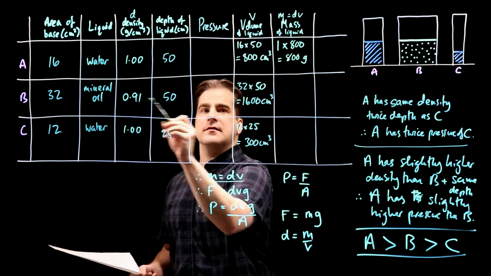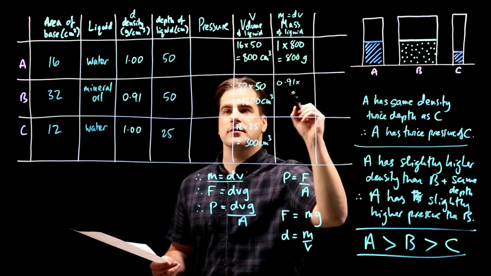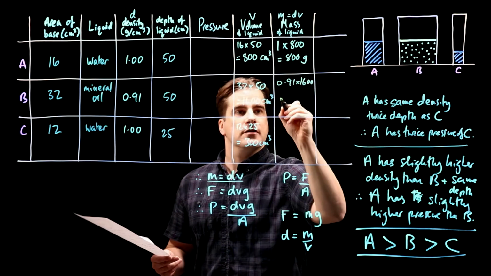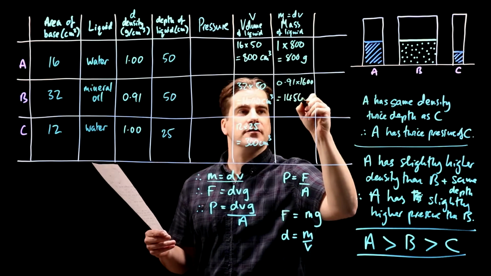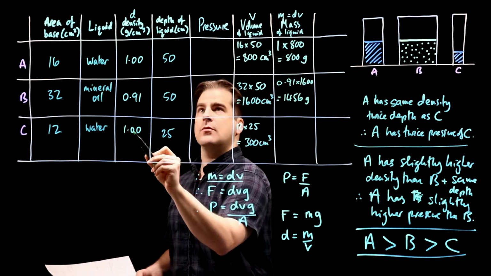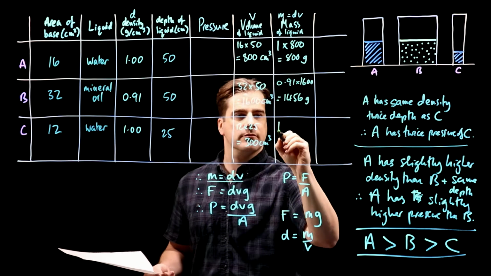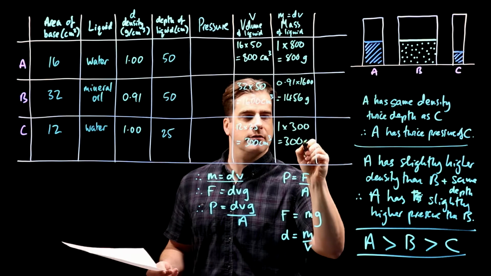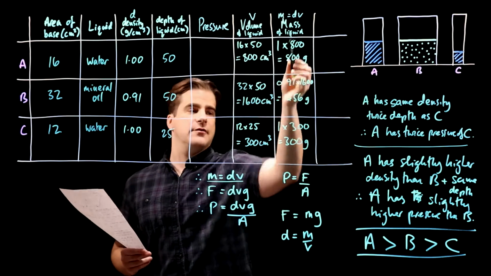Here, density times volume, 0.91 times 1600, which is 1456 grams. Here, density times volume, 1 times 300 is 300 grams. Okay, so we've got the mass.